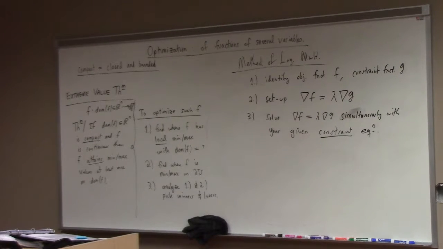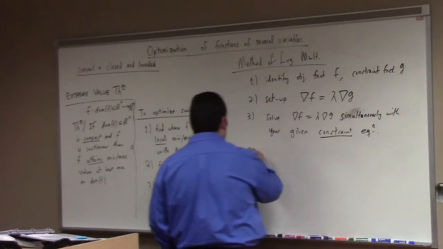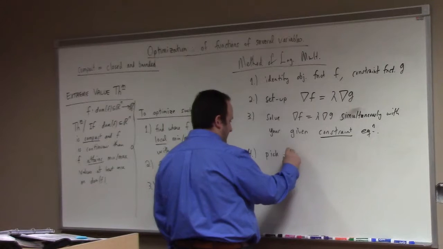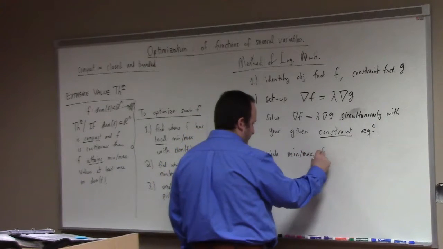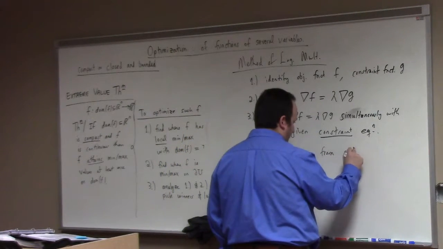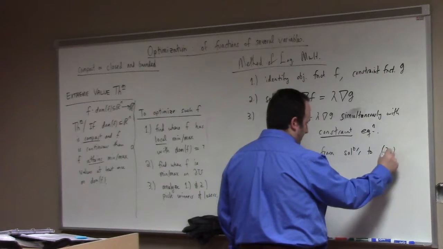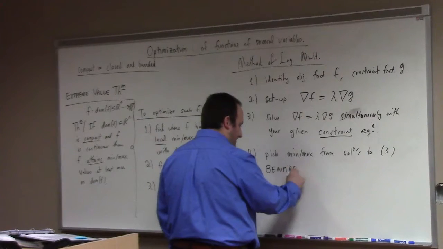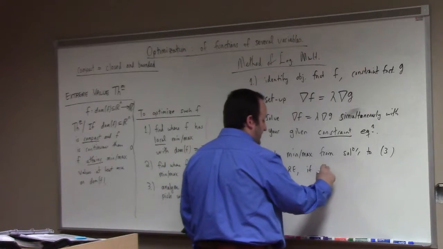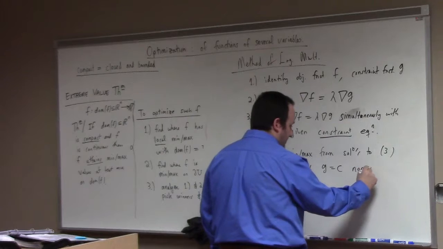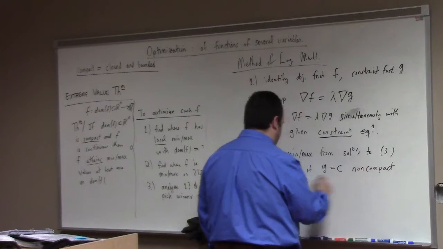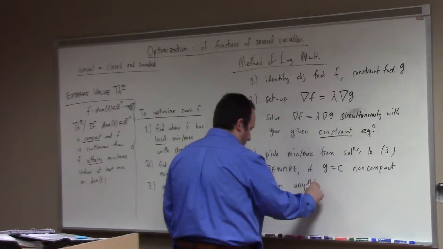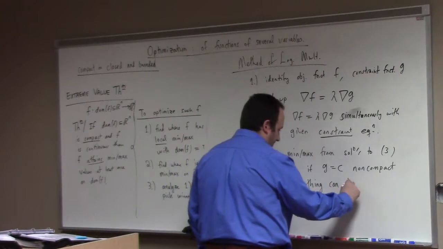And then step 4. Step 4, pick min-max from solutions to 3. Beware. If g equals c is non-compact, then anything can happen.